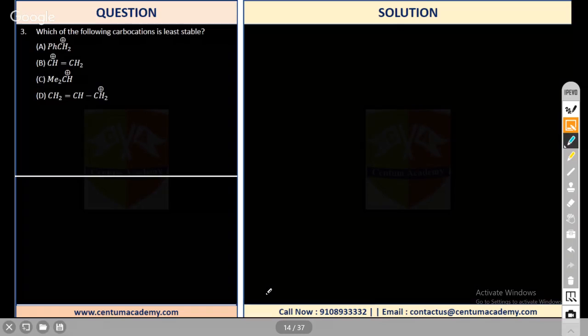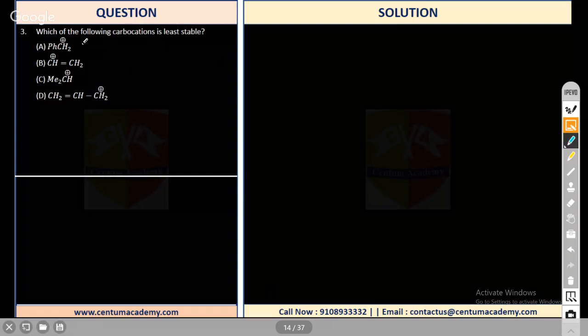Okay, we have phenyl CH2. Fine. You see here, first of all, this is a vinyl carbocation, right? But the difference here is what? Double bond in B. We have a double bond here.